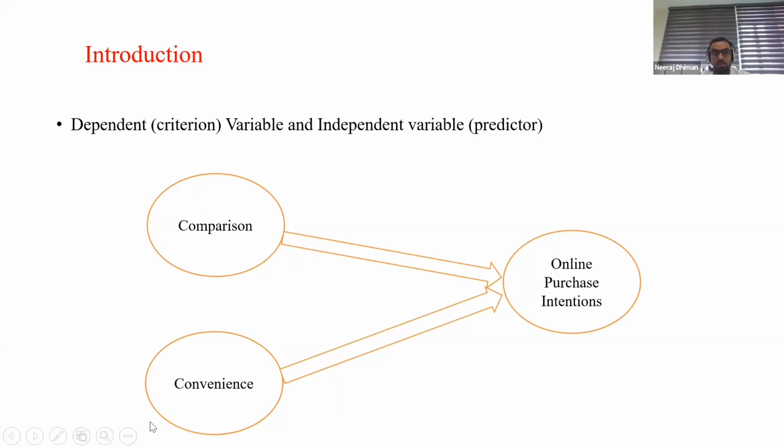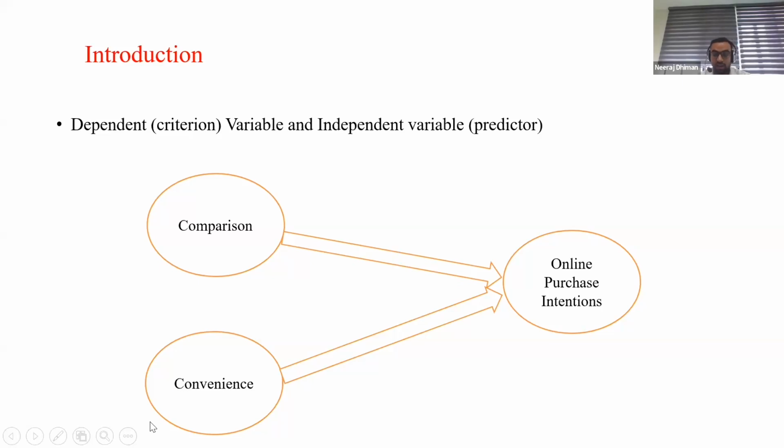So convenience is one of the factors, because sitting in your room you are scrolling down, understanding and comparing the factors with other products that you intend to purchase. So these two variables will help us explain online purchase intentions of a product ABC.